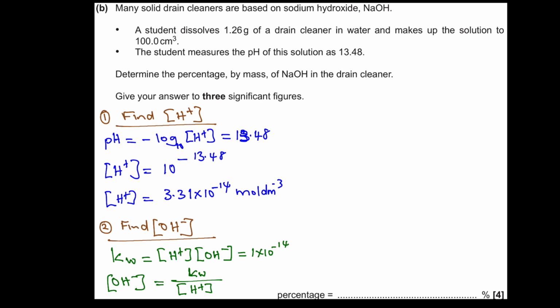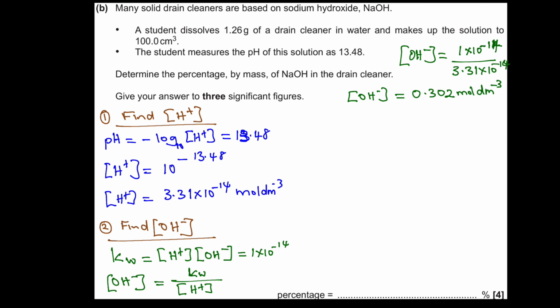I can put that here. OH- concentration will be 1 × 10^-14 divided by 3.31 × 10^-14. Don't forget the concentration is always mol/dm³. The concentration of OH- will be equal to 0.302 mol/dm³.